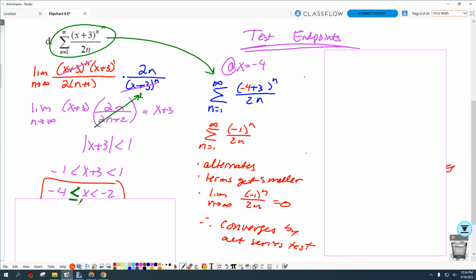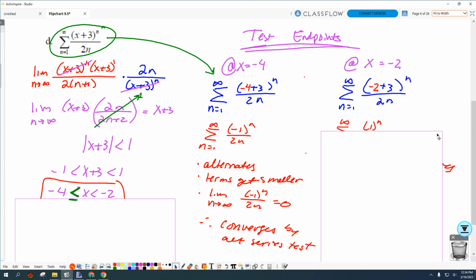Could you say absolute value theorem, because it goes 1, like for the next one, then that one will also, no matter what. Okay, careful. Let's see. Putting in the -2, I get 1 to the n. Does this alternate?